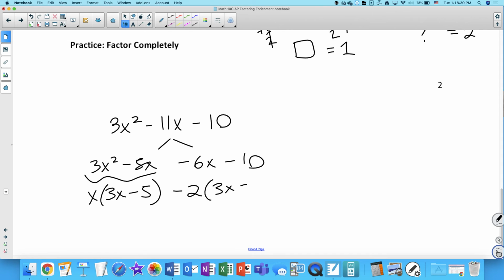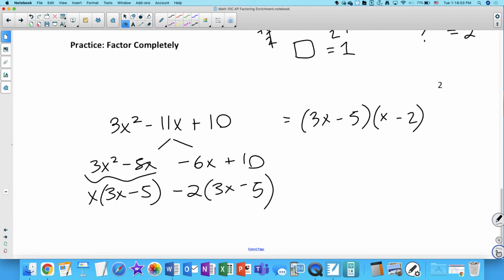Oh, this was a plus. For the first thing, you take out 3x from that. Did you write these in the opposite order? Yeah, there we go. Okay, so it factors to 3x minus 5 times x minus 2.